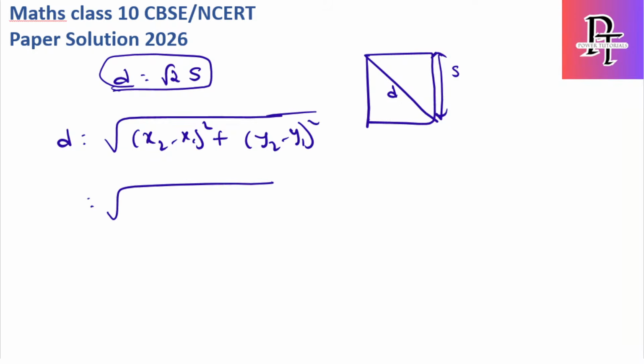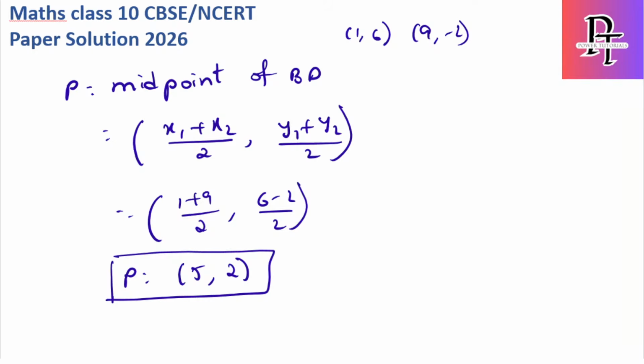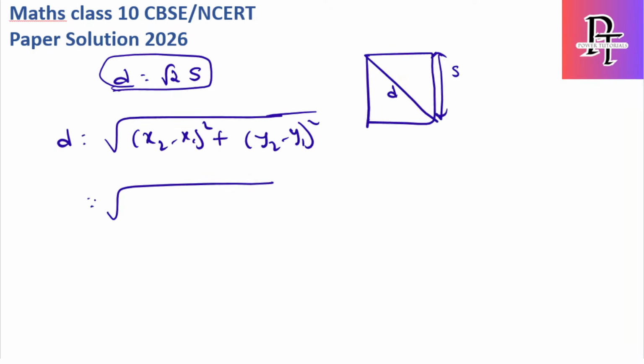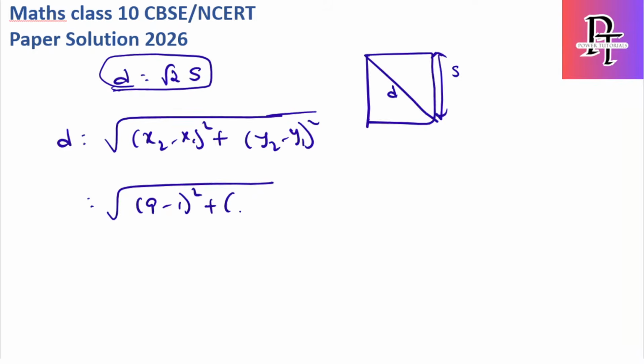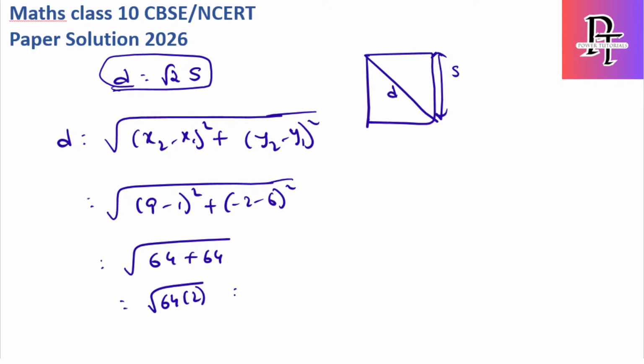So the D value I'm getting is root of 9 minus 1 whole square plus y2 minus y1, where y2 is minus 2, so minus 2 minus 6 whole square. This becomes root of 8 square, which is 64, and again 8 square is 64. So I'll get root of 64 into 2. Let's keep 2 inside and 64 outside, which becomes 8 root 2.